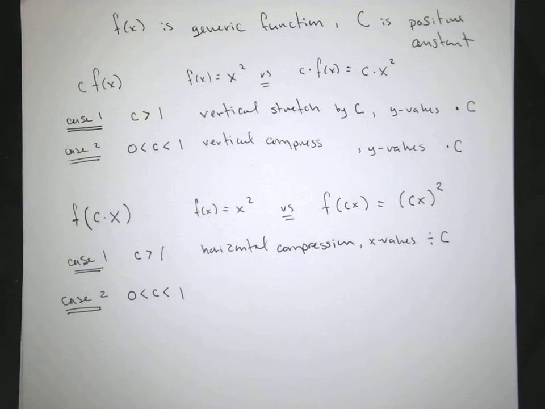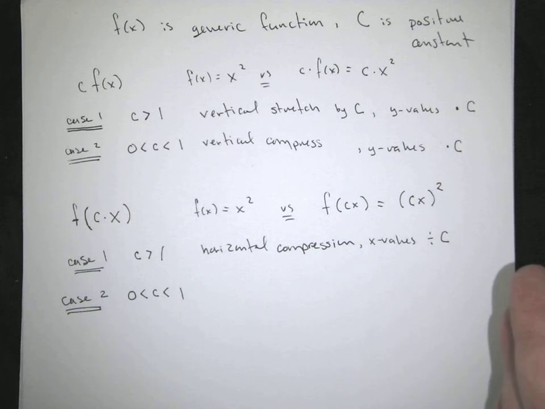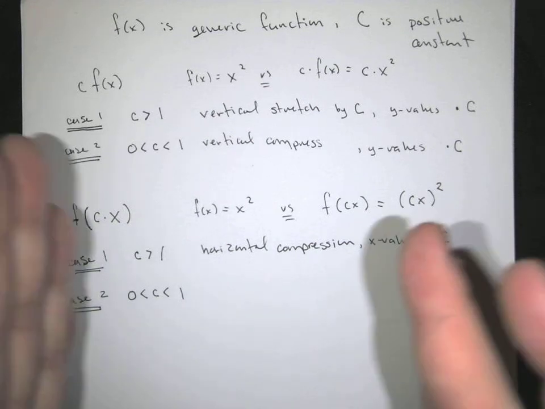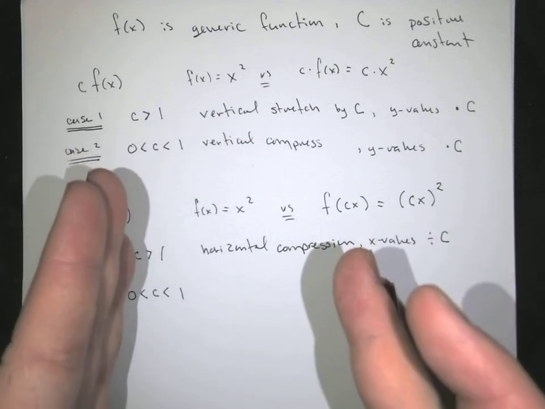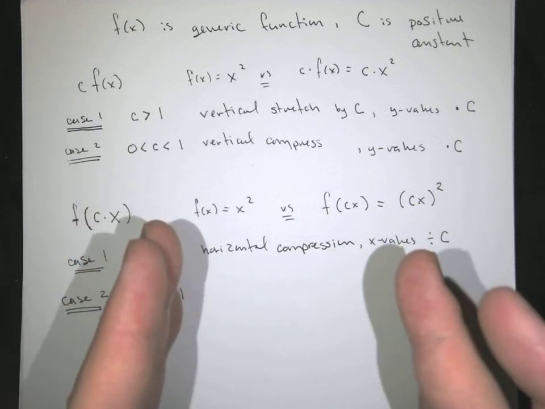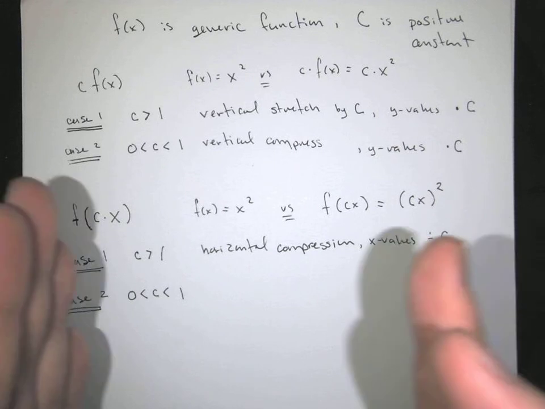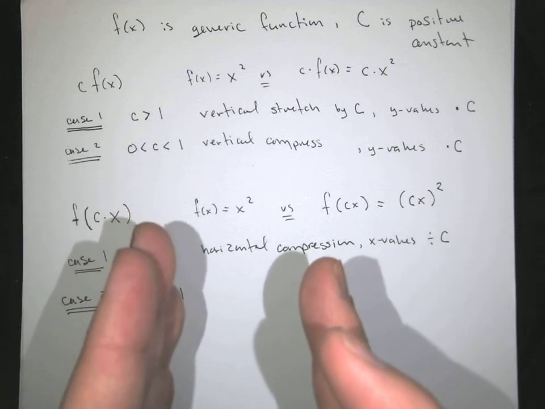If we have something like 3 times x, we're tripling the speed that we go through the x values. Coordinate by coordinate, everything compresses towards the center by a factor of 3, so all your x coordinates end up divided by 3 as they compress towards the center.